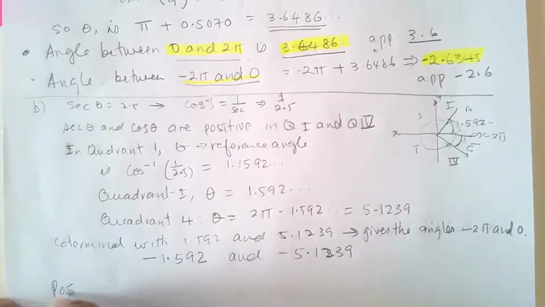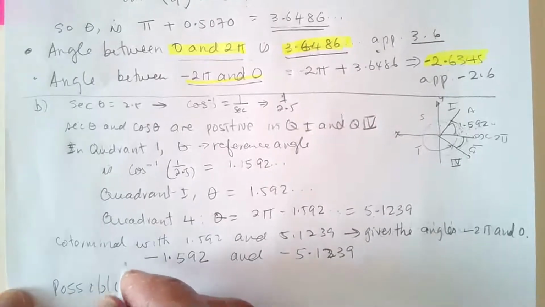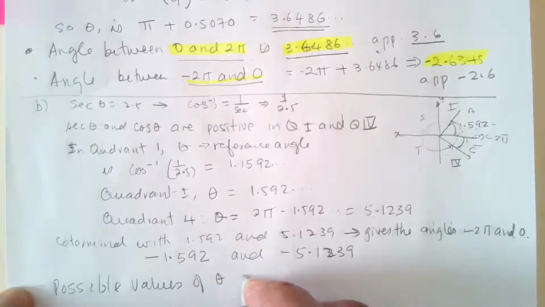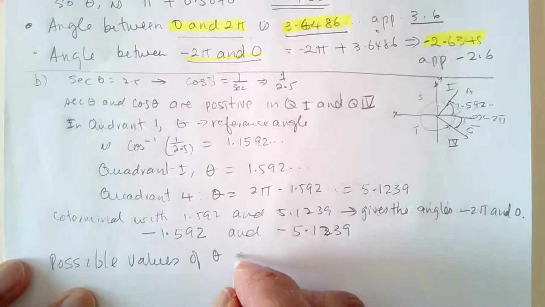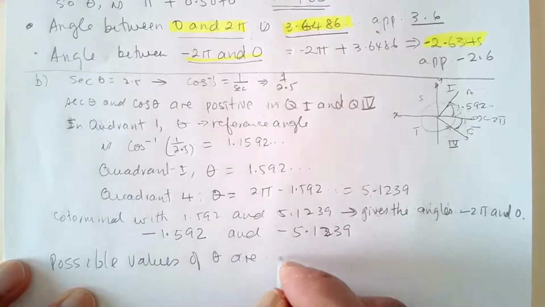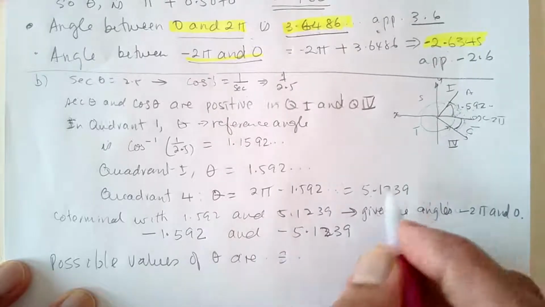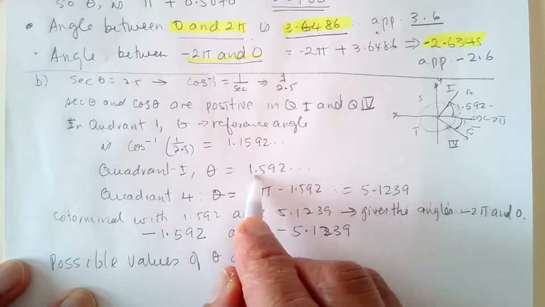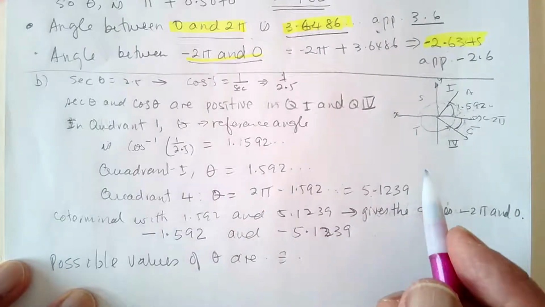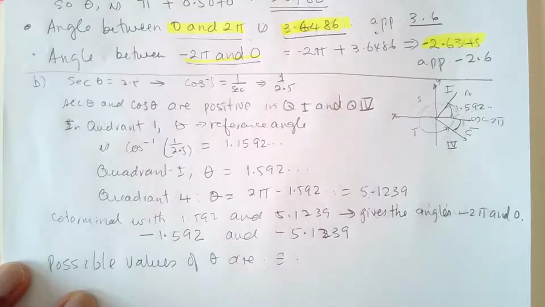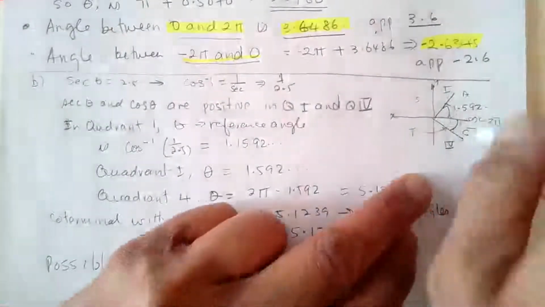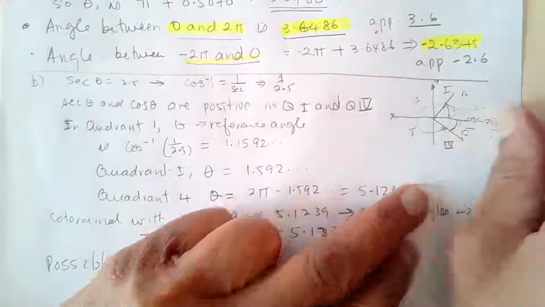So the possible values of theta are approximately, we have 1.592. Oh, sorry, this is supposed to be 1.159.